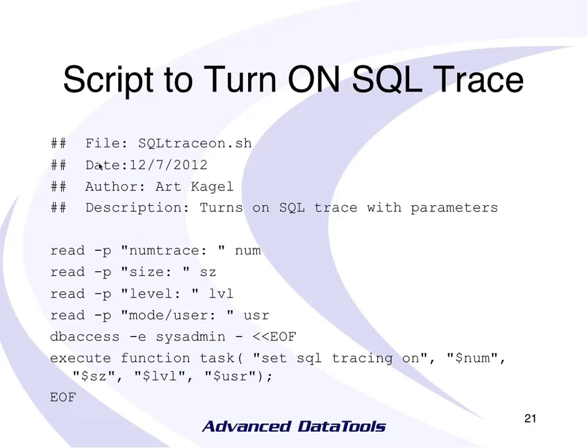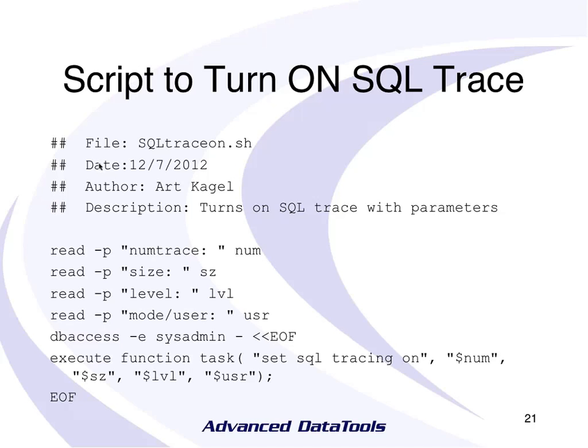Now, one little script Art wrote, which I kind of like, is a shell script that allows you to quickly put together what you want in SQL Trace to turn it on. So this prompts you for the number of traces, the size, the level, whether it's user or global, and then passes it to DB Access and runs it with all that.